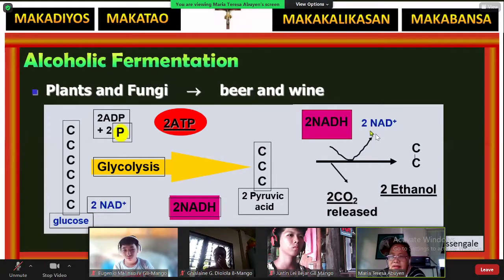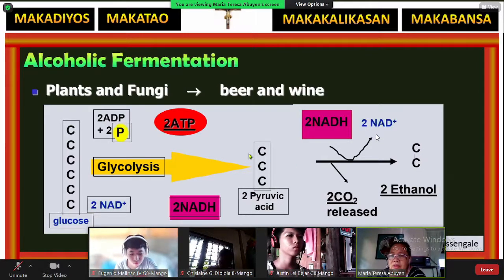Okay. Carbon dioxide is released when pyruvic acid undergoes reaction to produce ethanol. Ethanol is an alcohol. Okay. Ethanol is a 2-carbon compound.